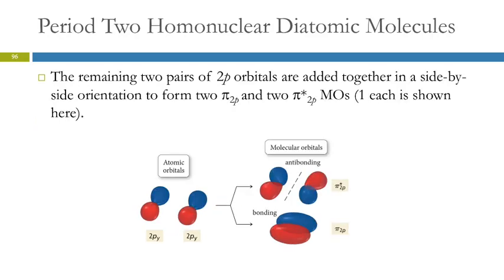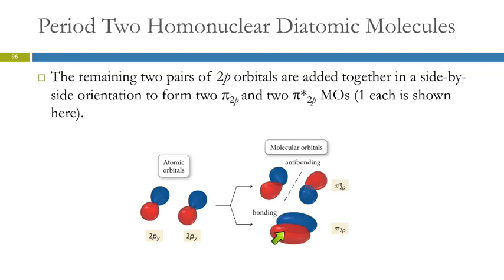And we've got the other two p orbitals, and those are oriented differently. So py, here the orbitals are parallel to each other. They're perpendicular to this bond axis. So how can these interact? Well, they can interact positively or negatively.